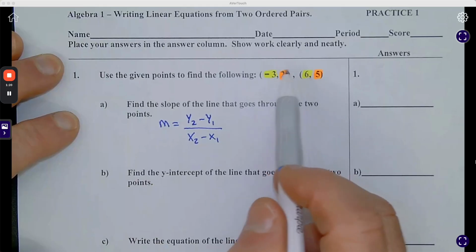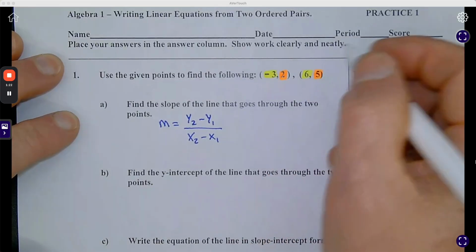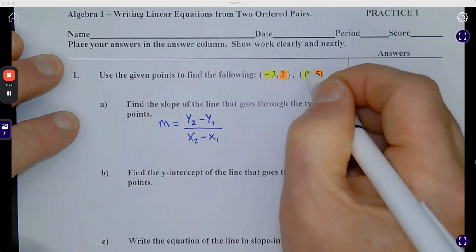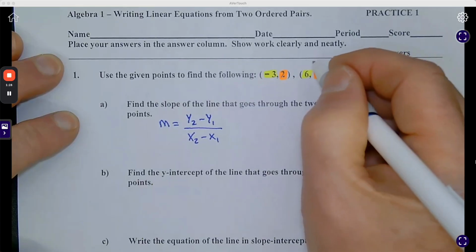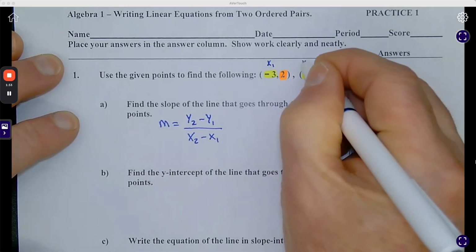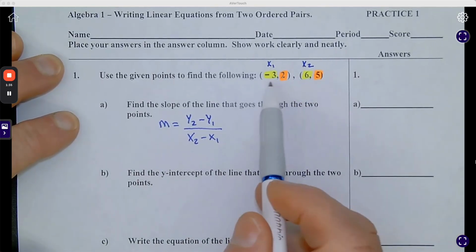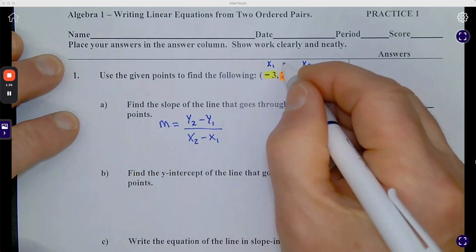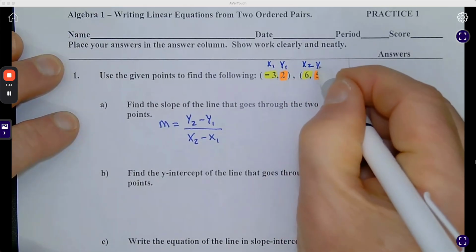But I want to refer to them as different names. And it doesn't matter which one I call x1 or x2. I could do this x1, x2. I could do this x1, x2. So it's okay. I'm going to go like this just to go in order. So x1 and x2. Now what's important is within the same ordered pair, they have the same subscript. So that means this is y1 and this is y2.